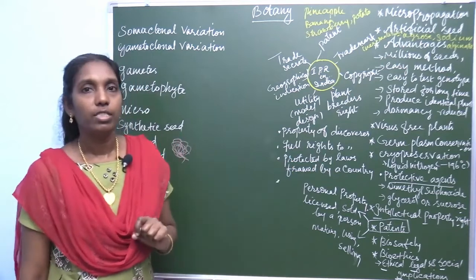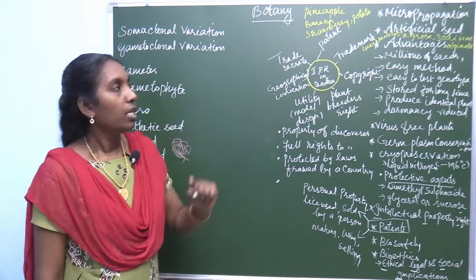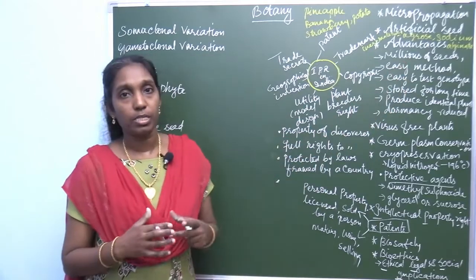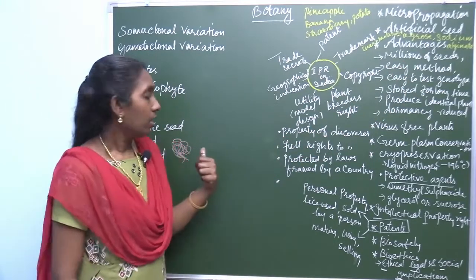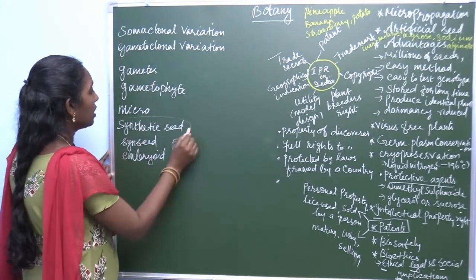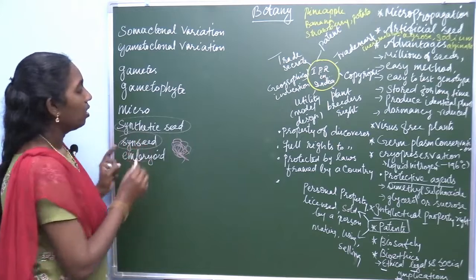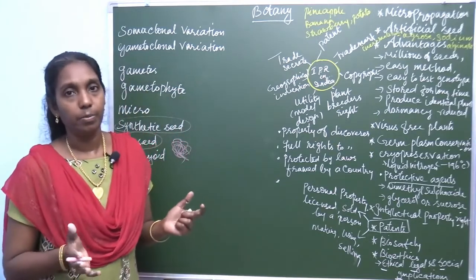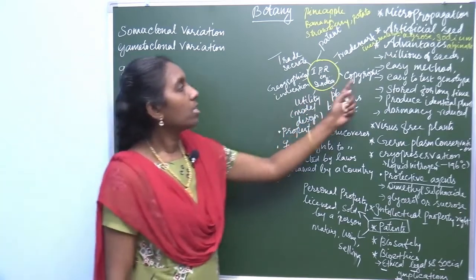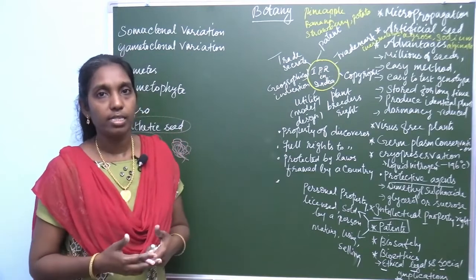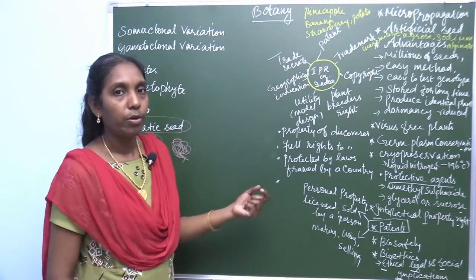What are the advantages of artificial seed? Millions of seeds can be produced by this method. It is an easy method to produce because we do not wait for any season; at any season it can be produced.